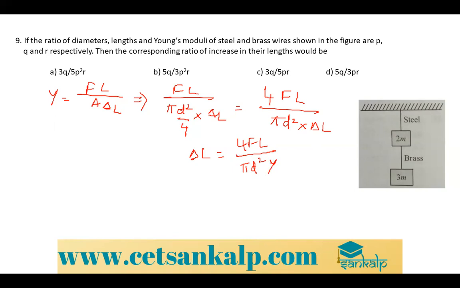So finally you can write it as delta LS divided by delta LB. According to the concept, F is directly proportional, so Fs divided by Fb into Ls divided by Lb. Why? Because it is directly proportional.